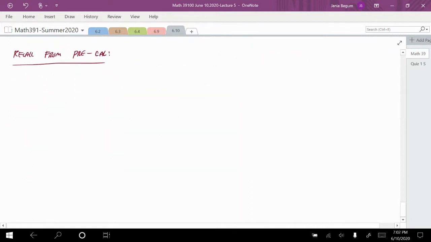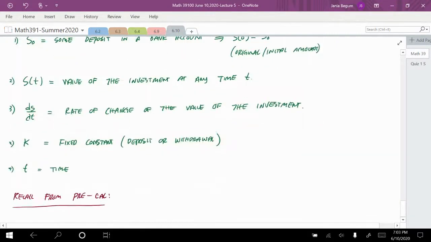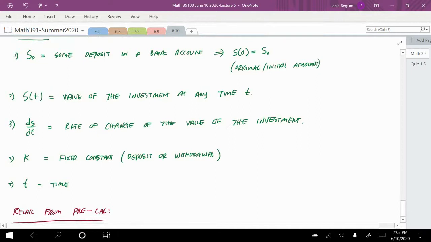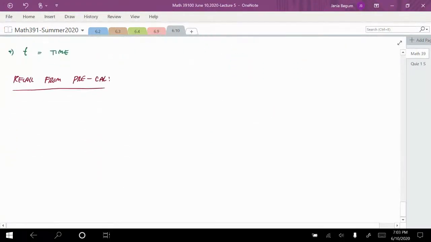I'm going to give you one new notation, but this is just for the derivation purpose. We're going to stick to the earlier notation when we work through these types of problems in this section. But just for derivation, I'm going to give you one extra notation.